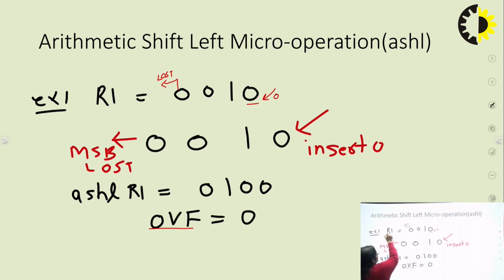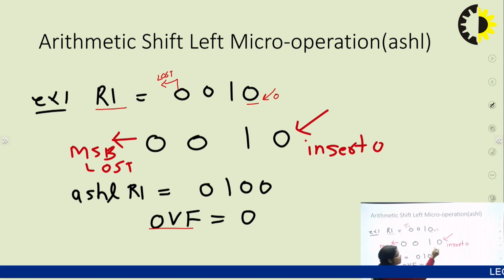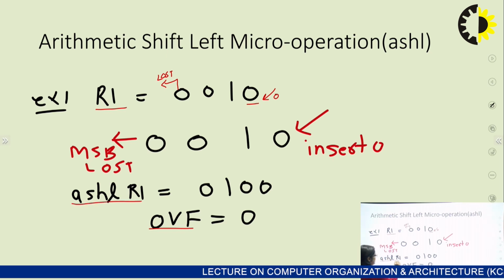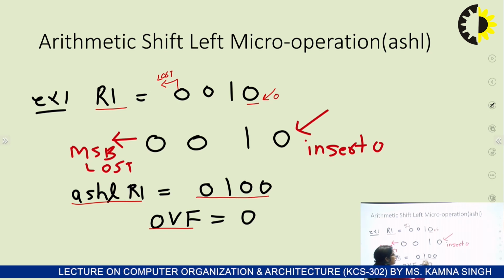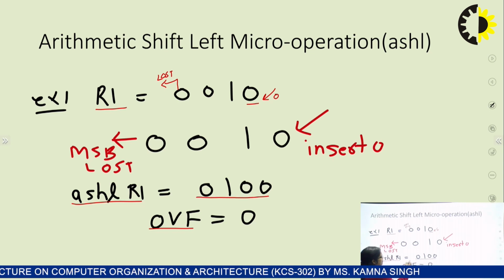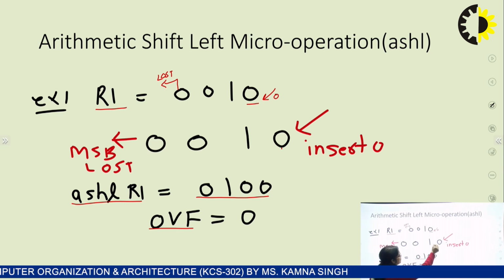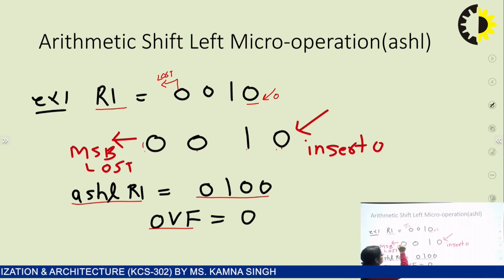So, in this particular example, if the R1 value is 0010, the MSB will be lost and a 0 will be inserted at the right side, just like in a logical shift left. So we can write ASHL R1 as 0100. Means a 0 will be inserted here, 0, 0, 1, 0, and this particular value will be lost. Here, how can we calculate the OVF bit?